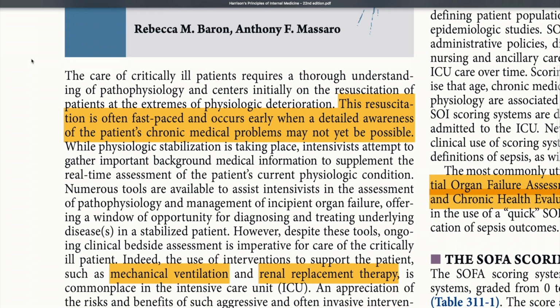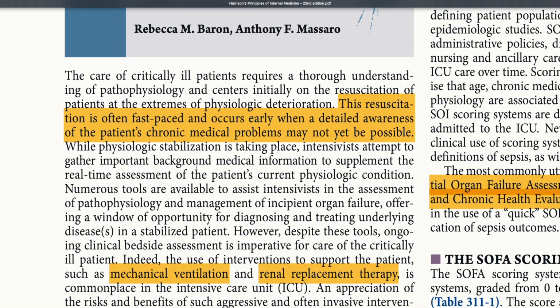I have highlighted a line in Harrison saying that resuscitation is often fast paced and occurs early, when detailed awareness of the patient's chronic medical problems may not yet be possible. So, before knowing their history, we will resuscitate them, and then later we worry about their underlying disease.